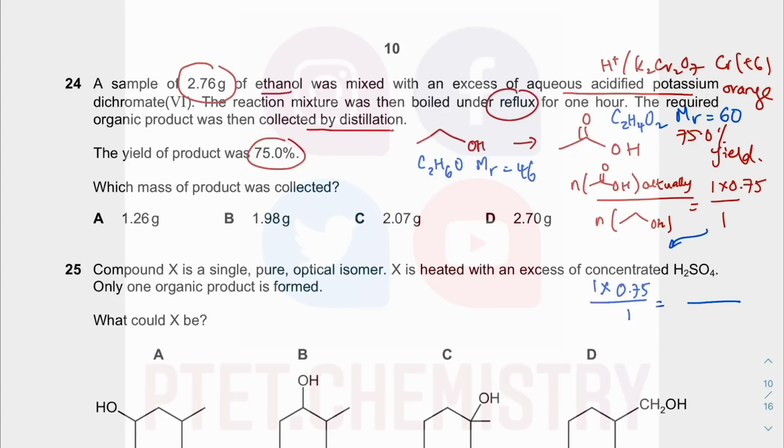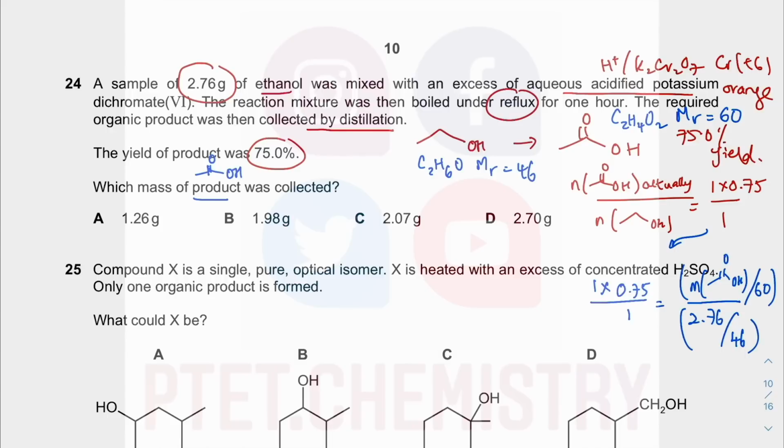On the top is the mole of the acid. I want the mass of the carboxylic acid, so I will have the mass of the carboxylic acid divided by 60, which is the molar mass of the carboxylic acid. At the bottom will be the mole of the ethanol. So I use 2.76 divided by 46.